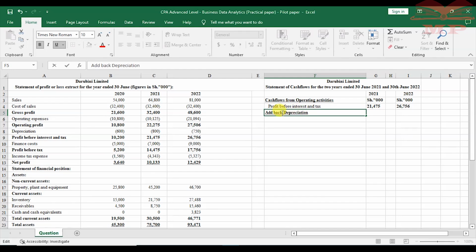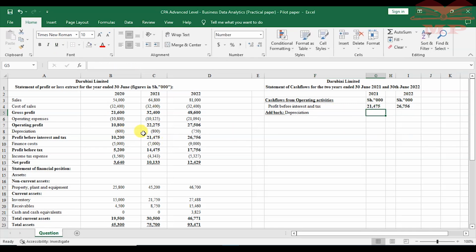Of course, this one is not to be bold and not to be underlined. So I'll use 800 here, and I'll use 750 there. And it's supposed to be in brackets.